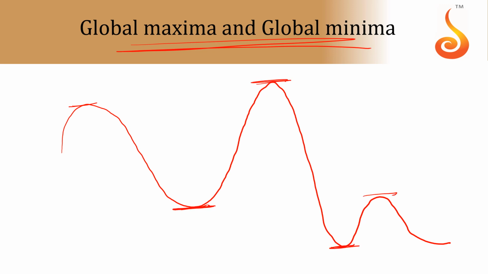This local minima is more than this local maxima. In any given interval, a function can have several local minimas and several local maximas. Among all the local minimas, the minimum is called the global minima. Among all local maximas, the greatest is called the global maxima.